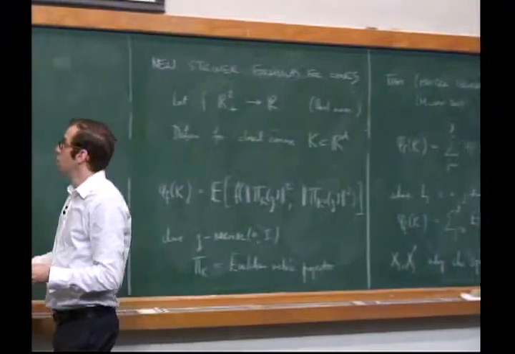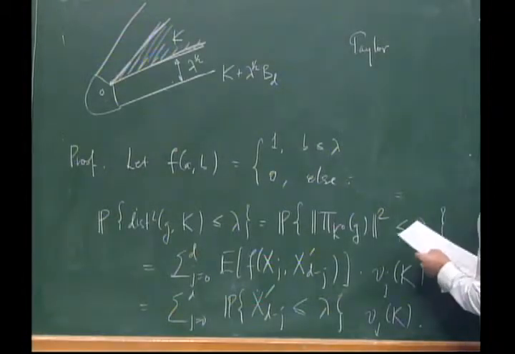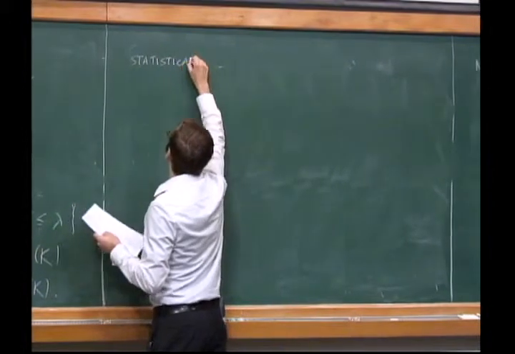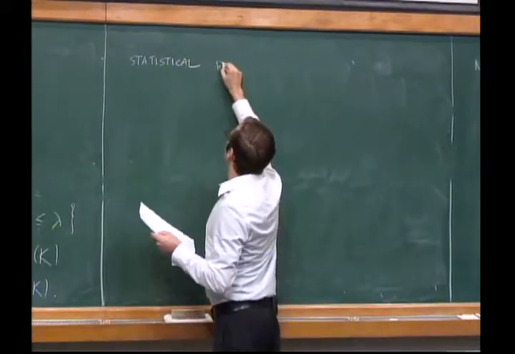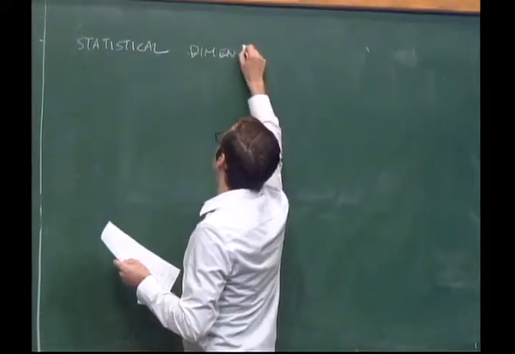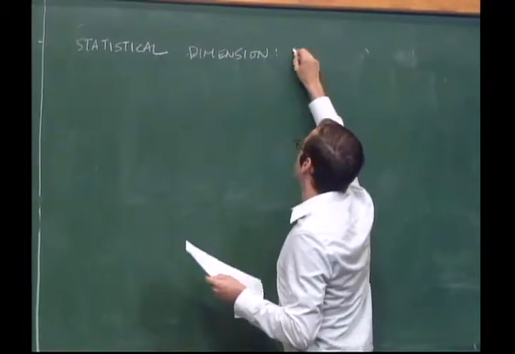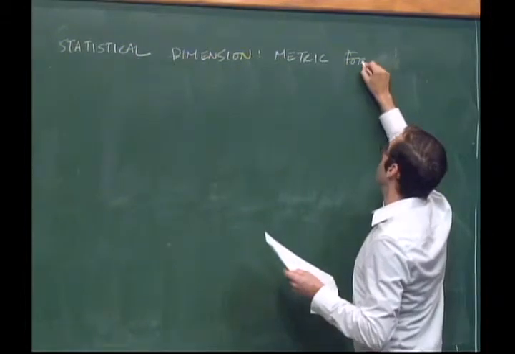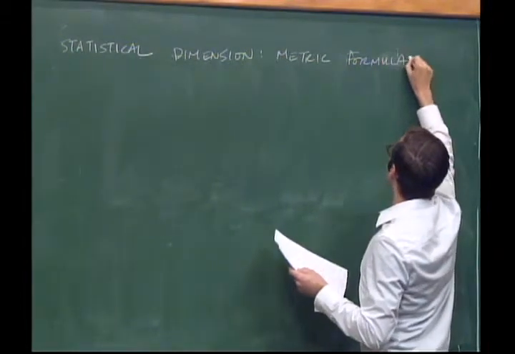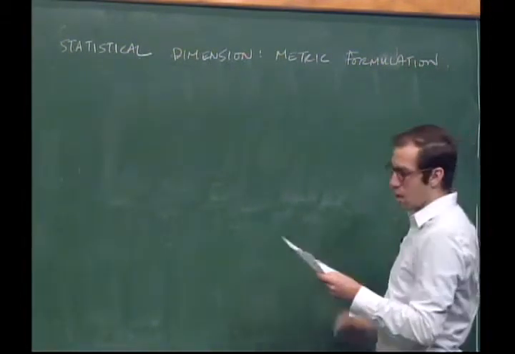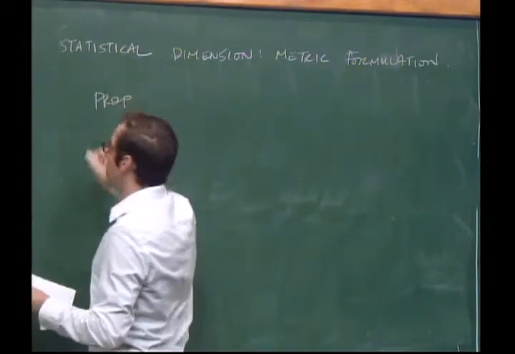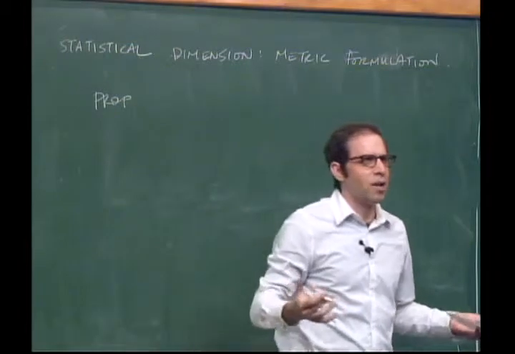So to start out, the first observation I'm going to make is that there is actually a metric formulation for the statistical dimension. As I said before, the statistical dimension is this complicated thing, right?